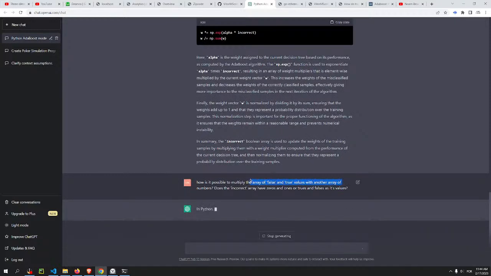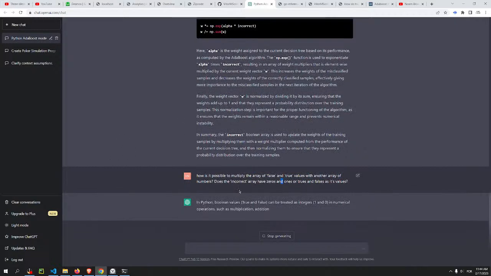Not sure if I wrote it correctly, but it doesn't matter. Python Boolean values true and false can be, yeah, that's what I was thinking.